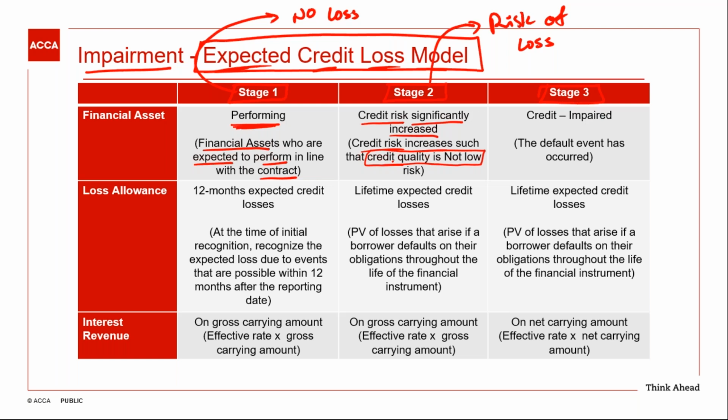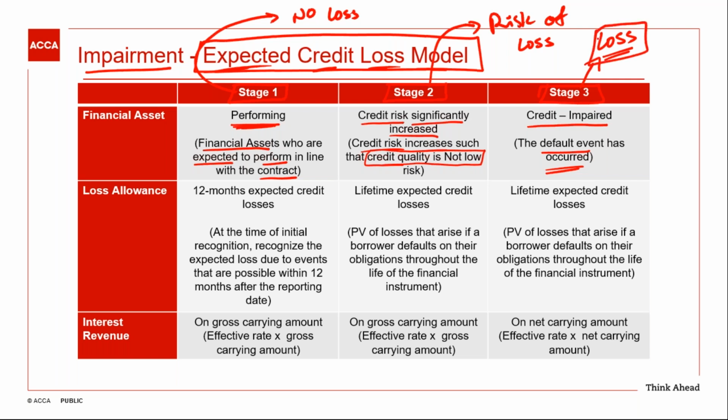So let's say I have given loans to 12 people and I am expecting 2 of them may default. Those 2 will be classified in stage 2. And stage 3 is the credit impaired, where the default event has occurred. So in stage 3, we classify the instruments on which we have already faced a loss.